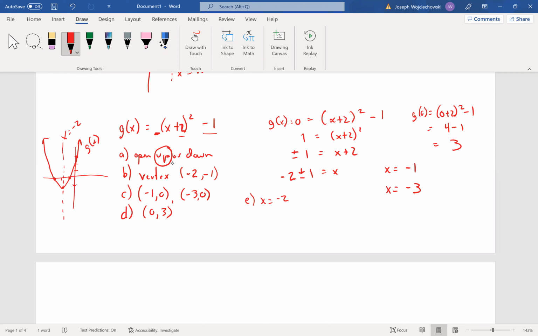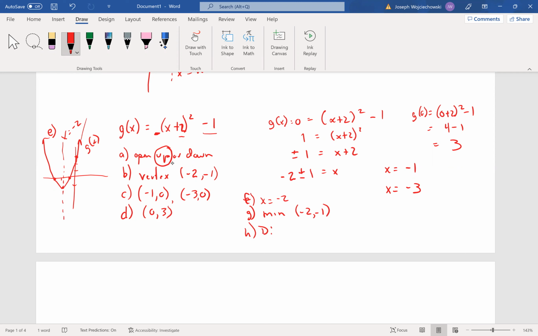Okay. Do we have a maximum or a minimum, and what is it? For g, we have a minimum, and it is the point negative 2, negative 1. And lastly, the domain and range. Well, what values of x will work?